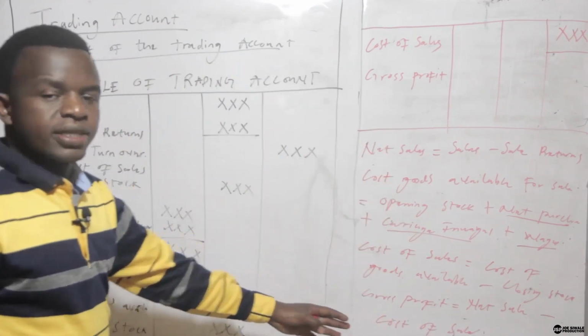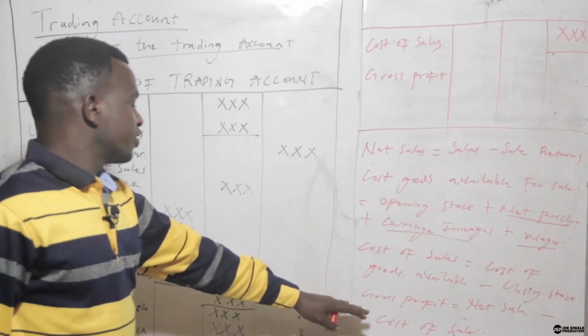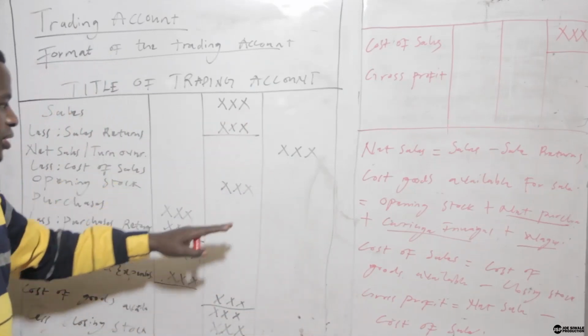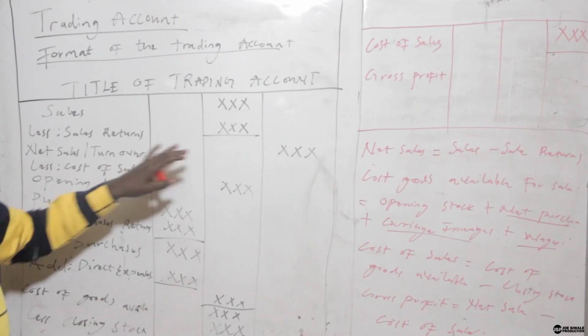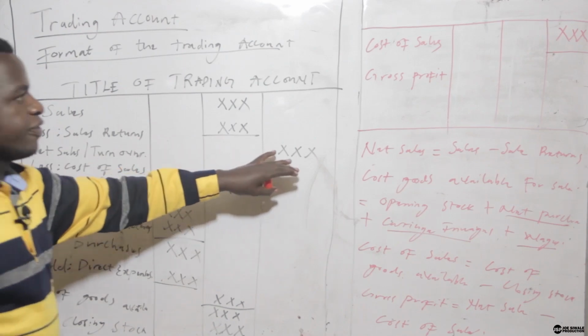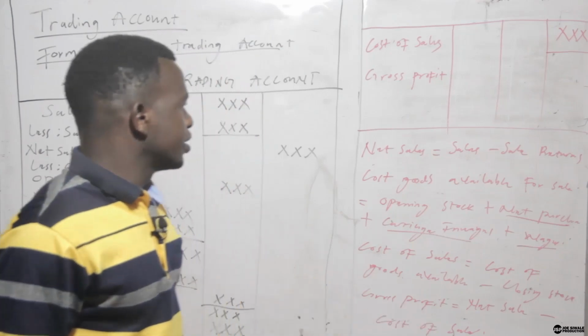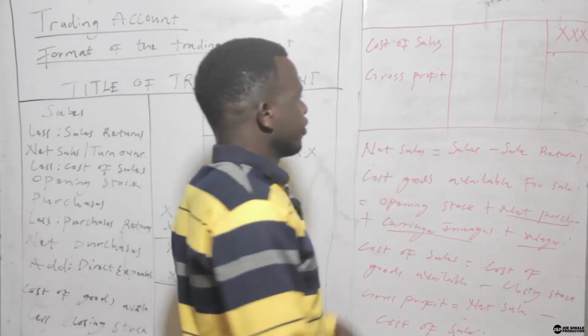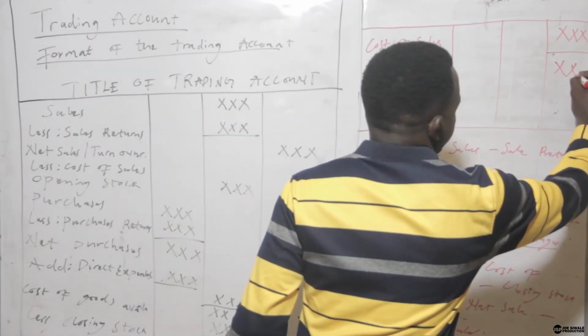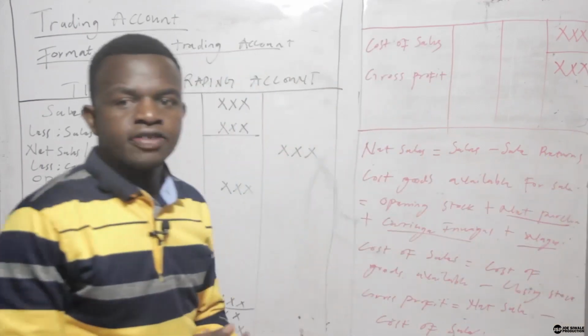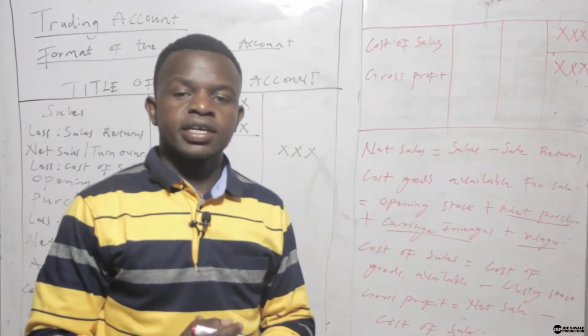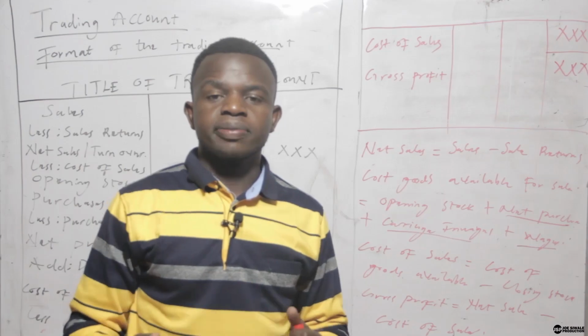And this part of the formula, you can see it in the table. You just say net sales, which is also referred to as turnover, minus cost of sales, and we're getting the gross profit there. So this is the formatting of the trading account. Where you have questions, please ask.